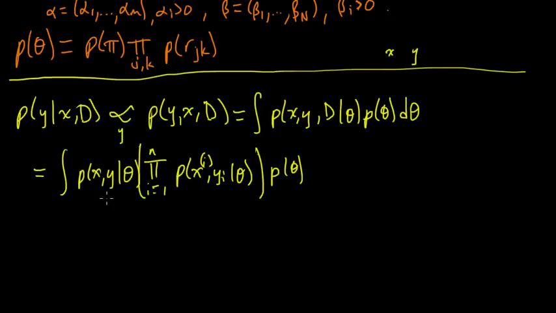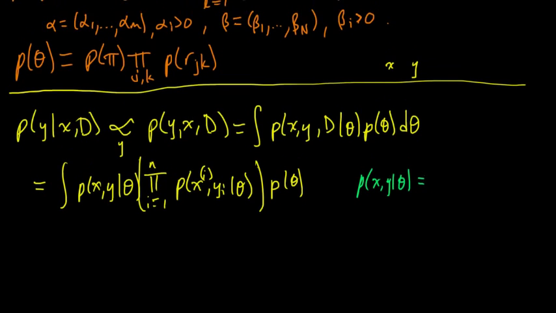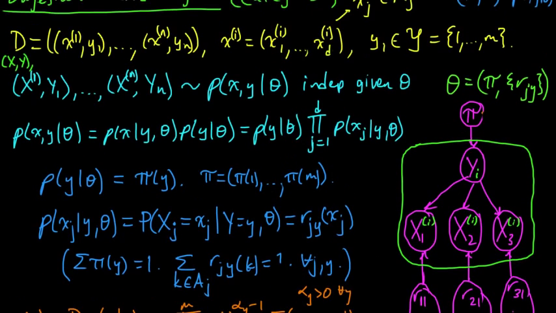Okay, now let's first look at this one. This one's pretty simple. We can just write down an expression for this one. This is the probability of x and y given theta. We just defined this above, right? This was the thing that we defined here. Let's write it as the probability of y times the probability of these guys, and each of these is this r_jy of x_j.